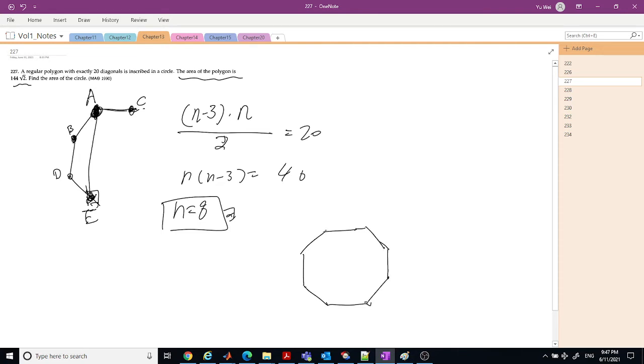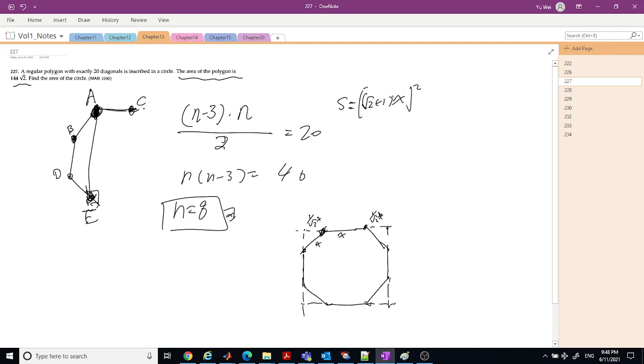A regular octagon is made by cutting corners from a square. Let's say the side of the octagon is x, so the cut pieces are 1 over root 2 of x on each side. Now the side of the square is root 2 plus 1 times x.